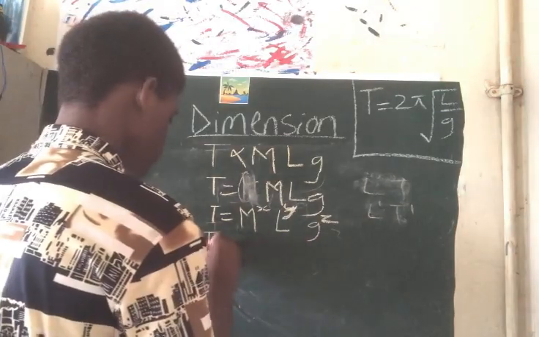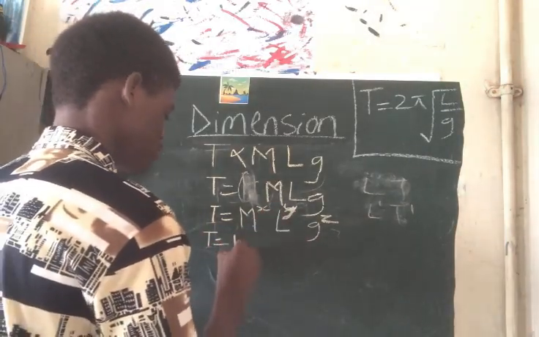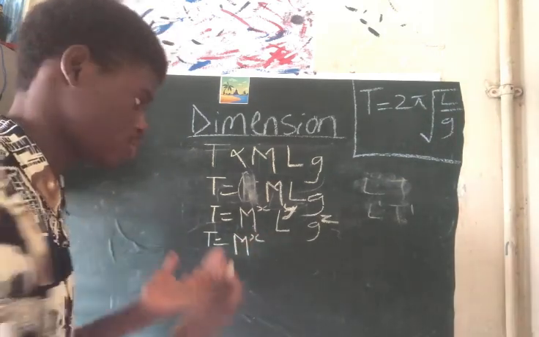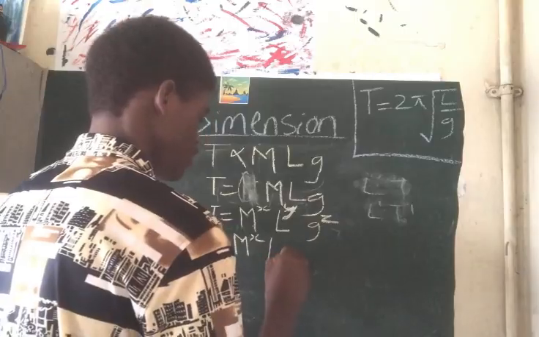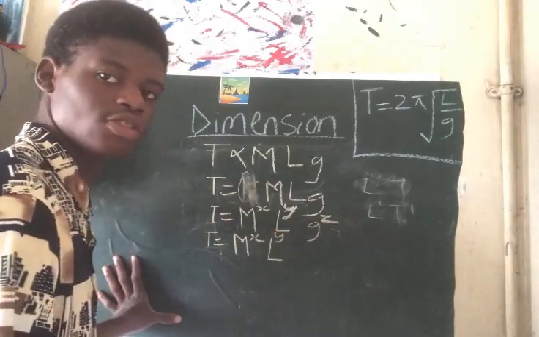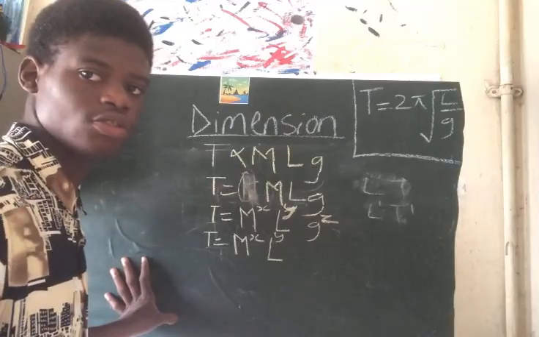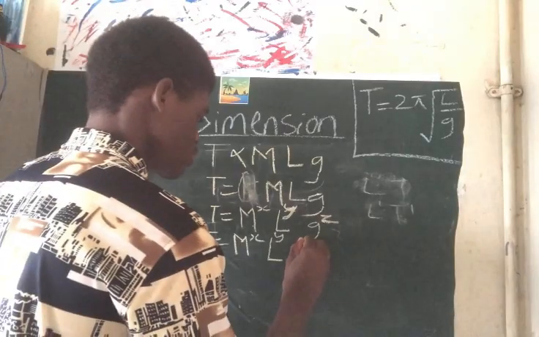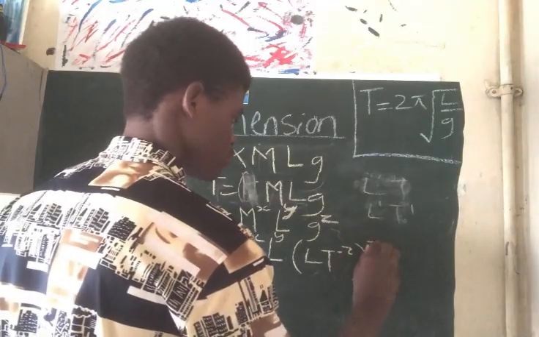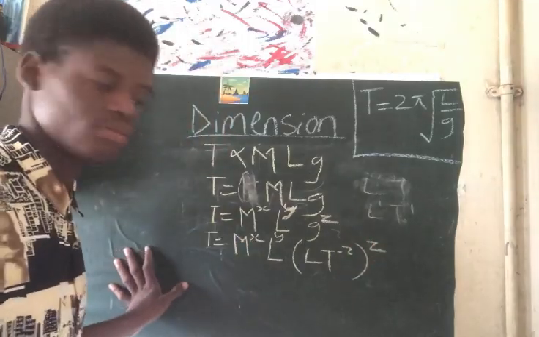Moving forward, m raised to power x. Mass is a fundamental quantity, so it's just represented as M. Length is a fundamental quantity represented as L. But g is acceleration, and acceleration is velocity over time, so that will be L T raised to power minus 2, all raised to power z.